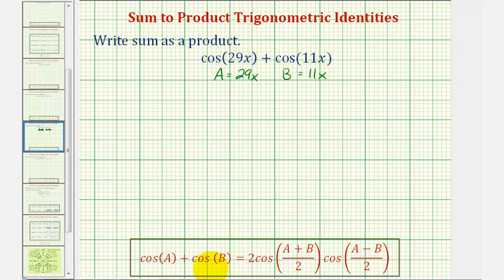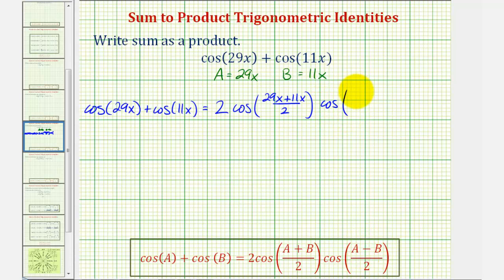So applying our identity, we can say that cosine 29x plus cosine 11x would be equal to 2 times cosine of the quantity A plus B divided by 2, that would be 29x plus 11x divided by 2, times cosine of A minus B divided by 2. That would be 29x minus 11x divided by 2.